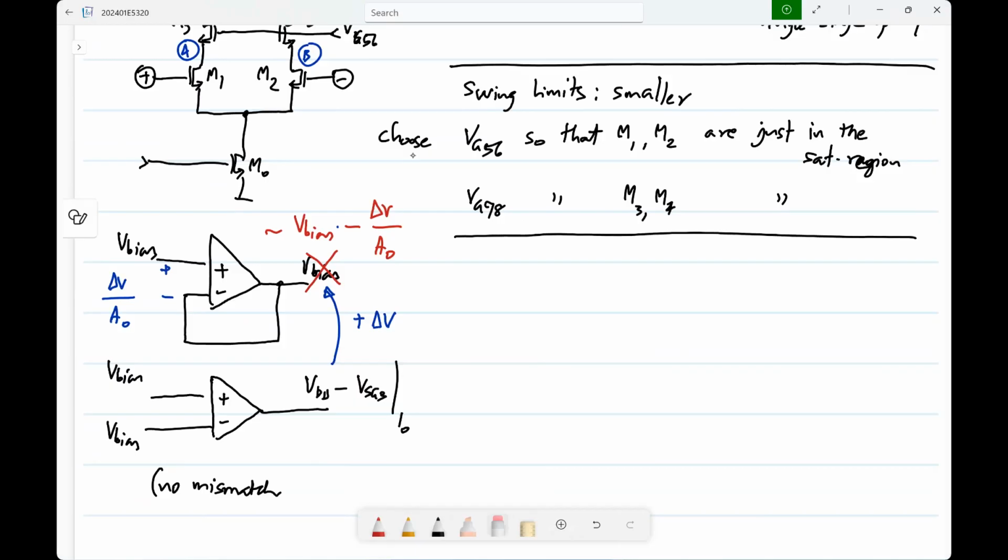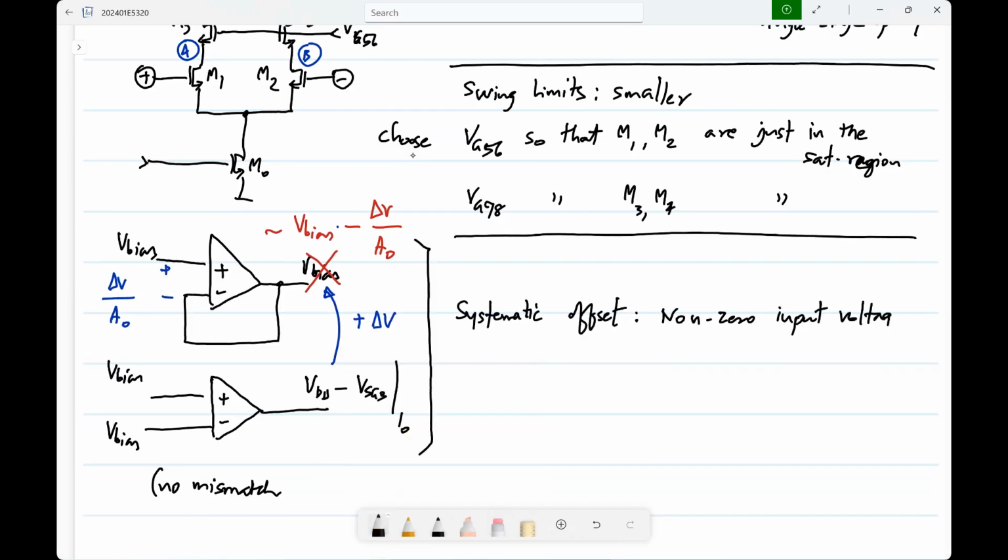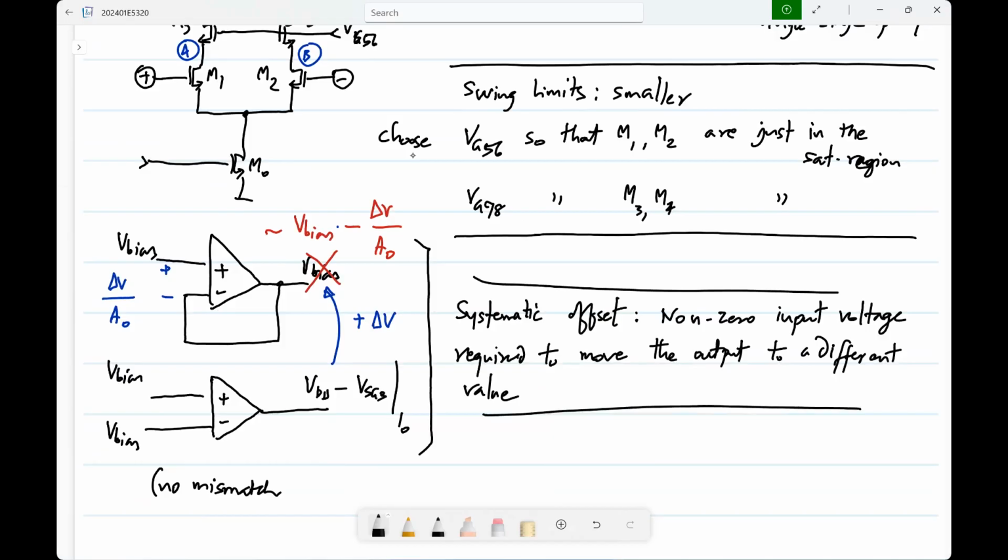So this is called systematic offset. Okay, so this will also be there.